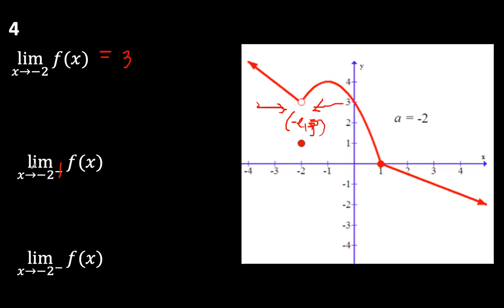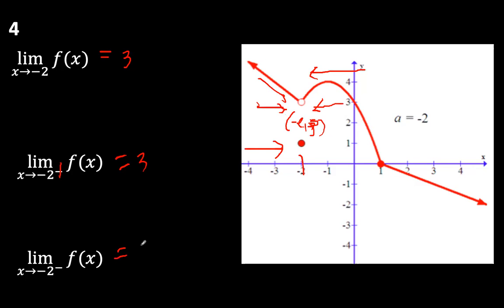Now, let's find out the limit of f of x as x approaches -2 from the right. From the right is here, this is -2, and it approaches 3. And the limit of f of x as x approaches -2 from the left, it's here, and it is approaching 3 as a function value.